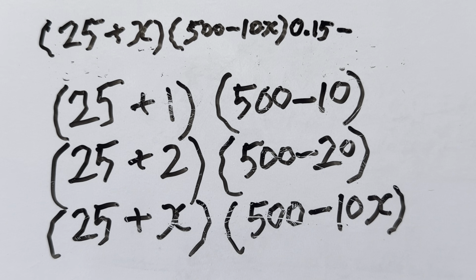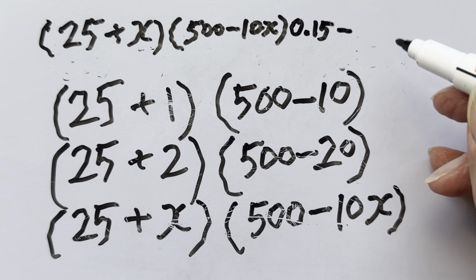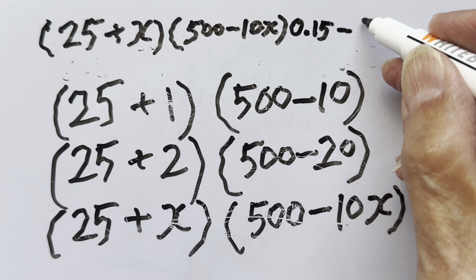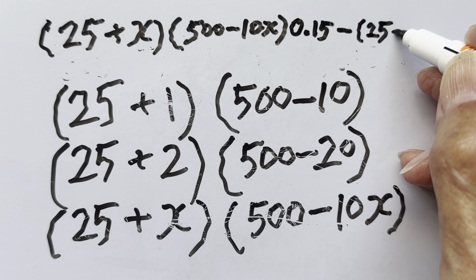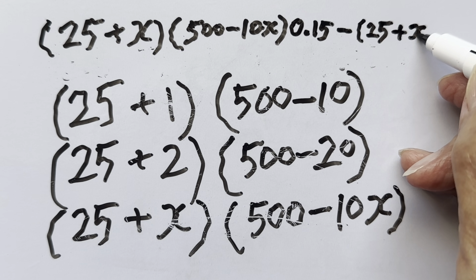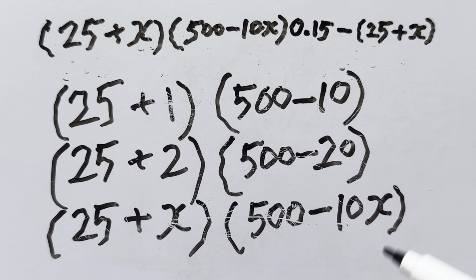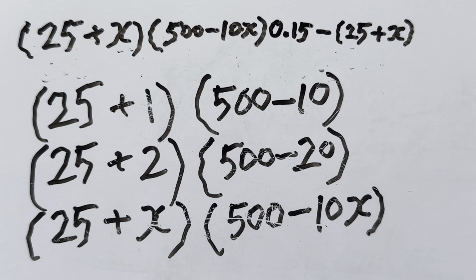So what is the number of trees? The number of trees is 25 plus x. So this is the number of trees, and to maintain each tree you spend $6.50. Okay.